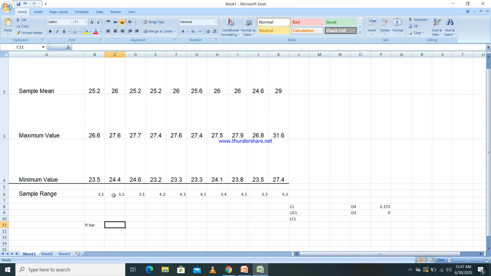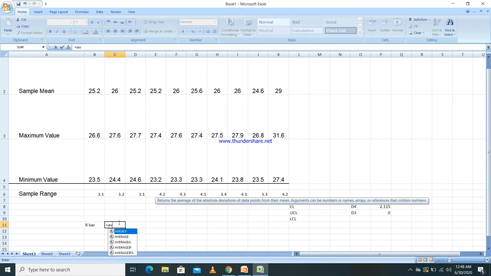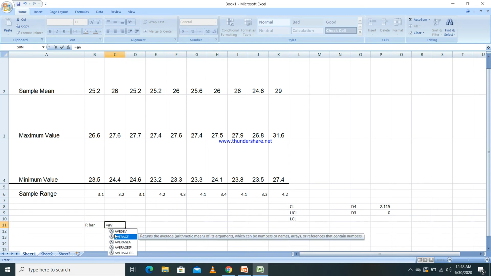So you have to take the average of these values.